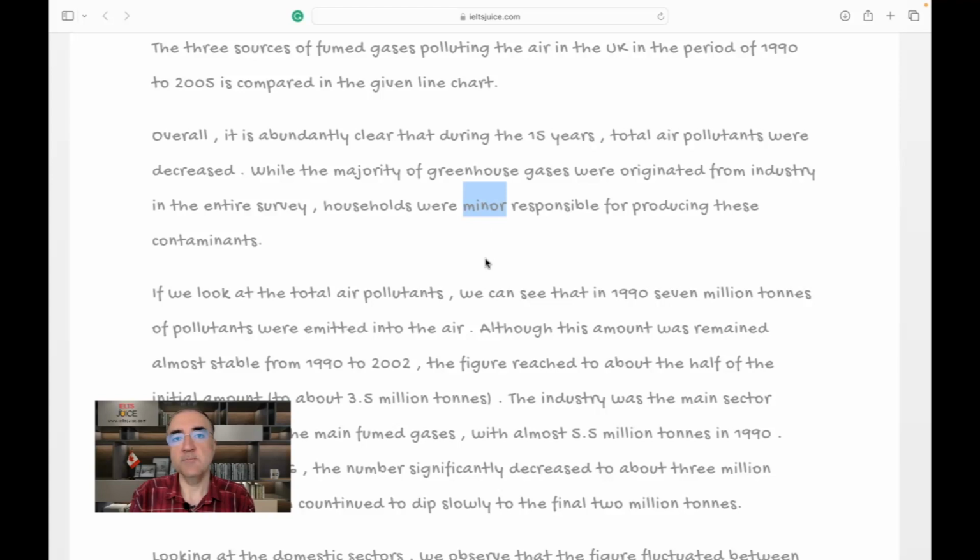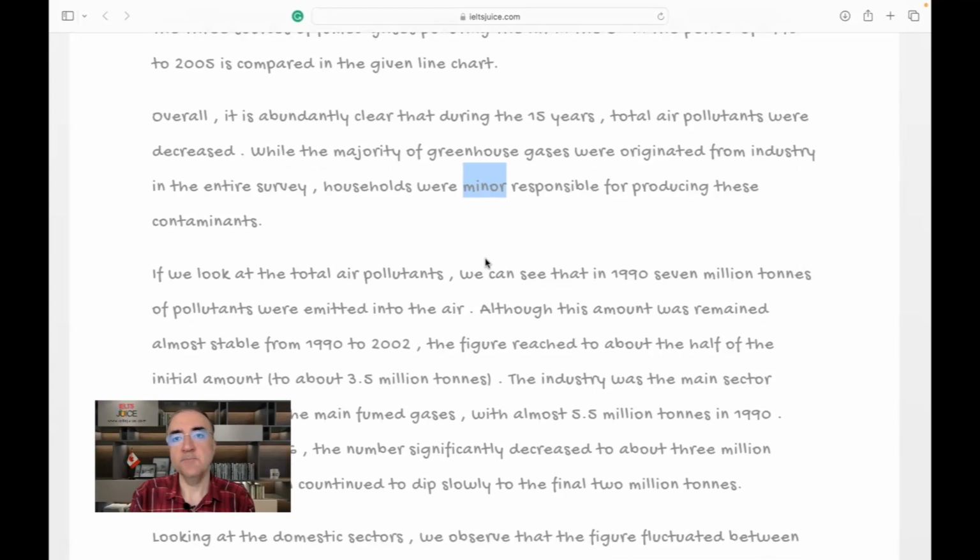So another error in vocabulary for producing these contaminants. That's good. I see greenhouse gases. I see fume used incorrectly, but I can see that. Pollutants, contaminants. I like that. Abundantly. I love the range of vocabulary I see here.